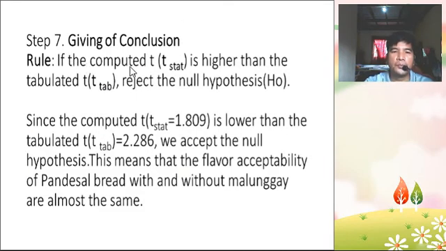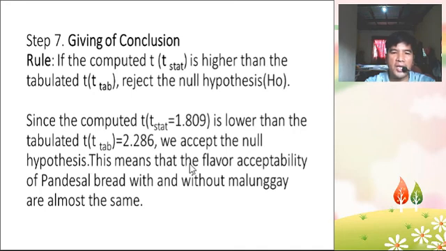Okay, if the computed T-stat is higher than the tabulated T-tab, reject the null hypothesis. Remember, the computed T-stat a while ago is equal to 1.809, and the T in the table is 2.262. So it is lower than the tabulated. Therefore, we have to accept the null hypothesis.